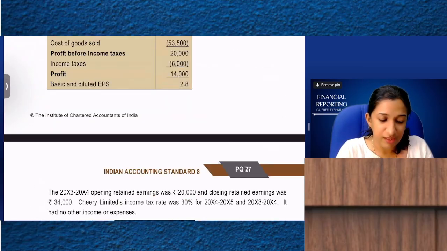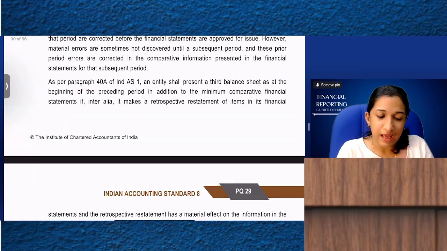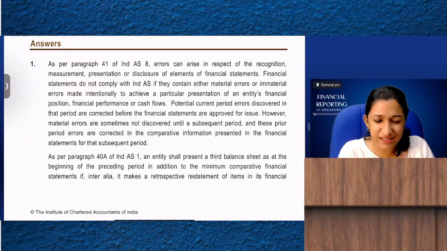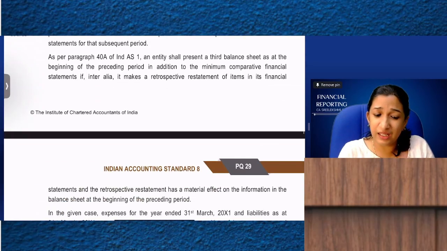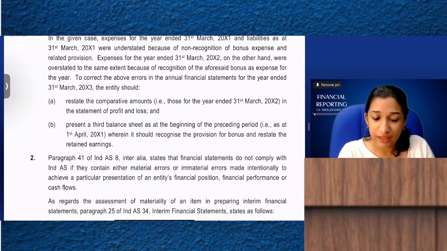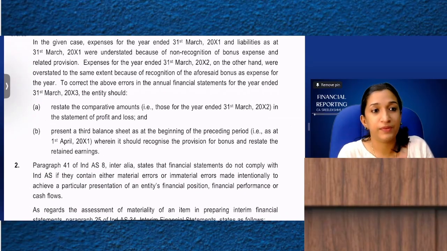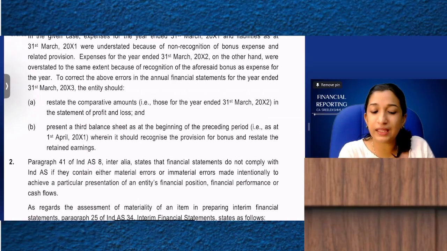What is given? Question number 1. As per Ind AS 8 errors, first they have given a paragraph on errors which you read. Third balance sheet is required. Okay. See, listen. What is the answer? Read all of you. In the given case, expense for the year ended 31st March 11 and liabilities as at 31st March 11 were understated because of non-recognition of bonus expense and related provision.